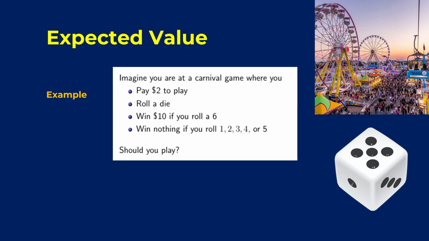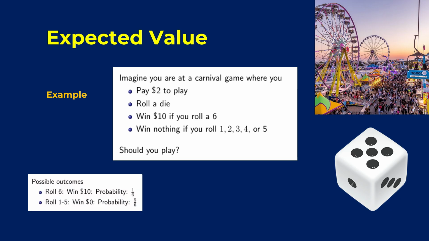The expected value can help us decide by calculating our average winning per game if we played it multiple times. So let's see the possible outcomes. If we roll a 6, we win $10 and the probability of rolling a 6 on a die is 1 by 6. We have solved this question many times in the previous videos.